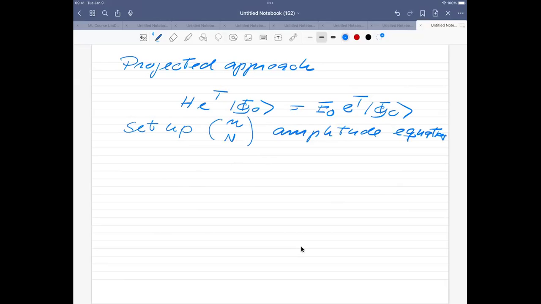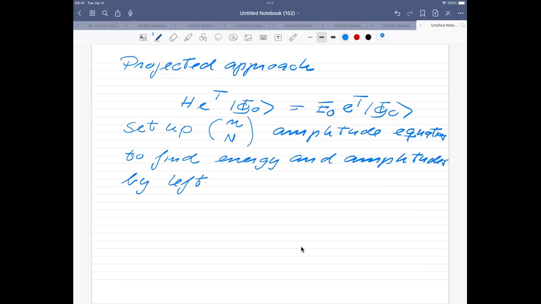We would set up these amplitude equations to find the energy and the amplitudes, by what we called left projecting.